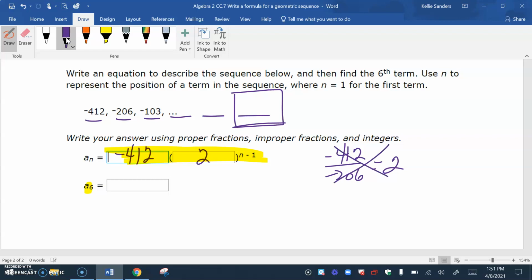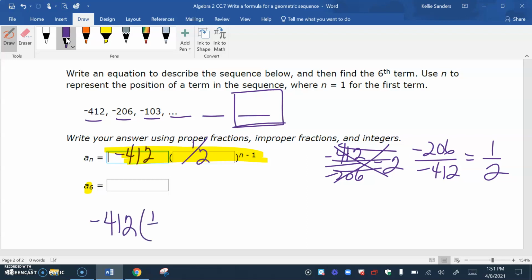every single time, but that is not correct because this is negative 206 over negative 412, which is 1/2, because they're getting smaller and smaller and smaller, right? Okay, so negative 412 times 1 over 2 to the 6 minus 1.